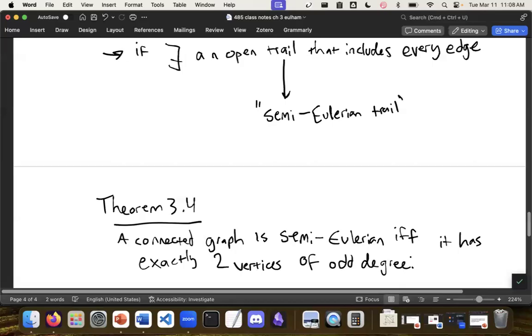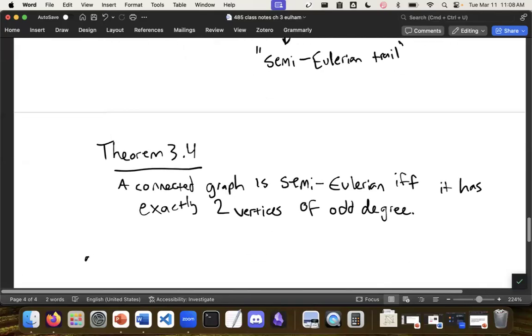So that's our theorem for this. So if there's exactly two vertices with odd degree, then it's semi-Eulerian. Otherwise, it's not.